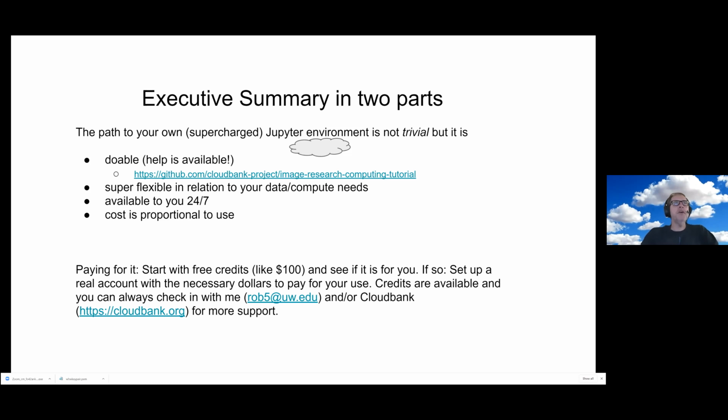So the executive summary of this now is that there is a path to your own supercharged Jupyter environment on the cloud. It's not trivial, but it's doable. Help is available. This is the link to the repo. Using the cloud is super flexible because you get to decide how much computing horsepower you bring to the problem.